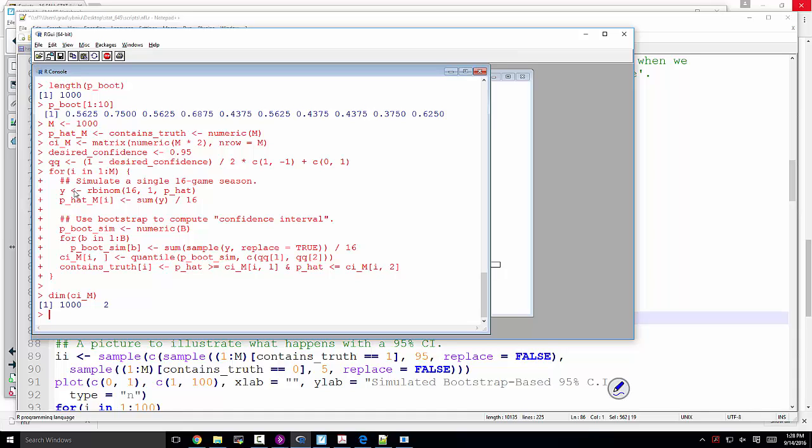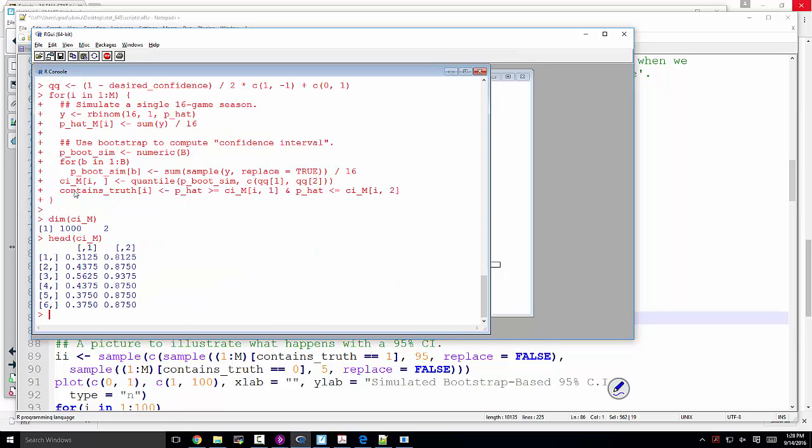There's one row for every simulation that we just did. And there's 2 columns to hold left and right endpoints of a 95% confidence interval. There's the first 6. So the very first simulated data set that we got, when we did the bootstrap, we ended up with a 95% confidence interval from 0.3125 to 0.8125. And I have 1,000 of them.